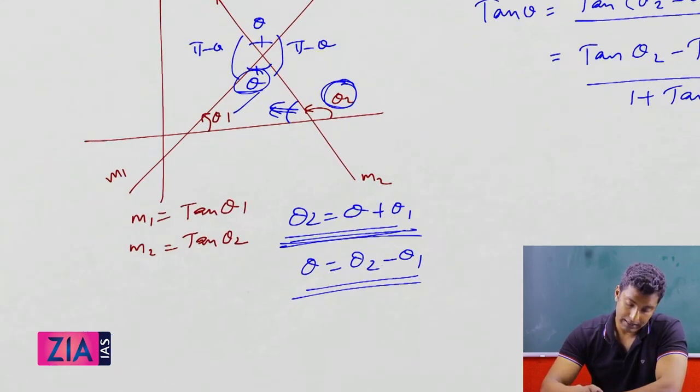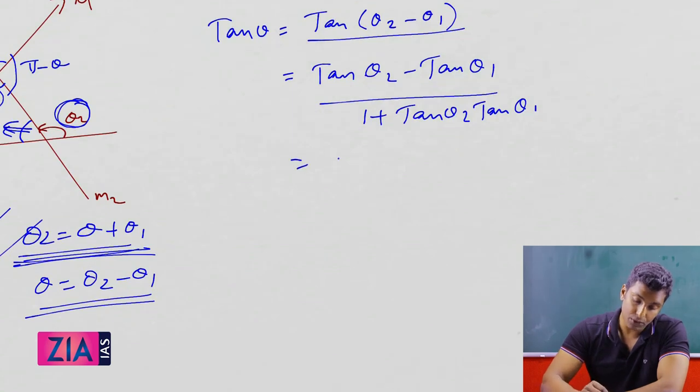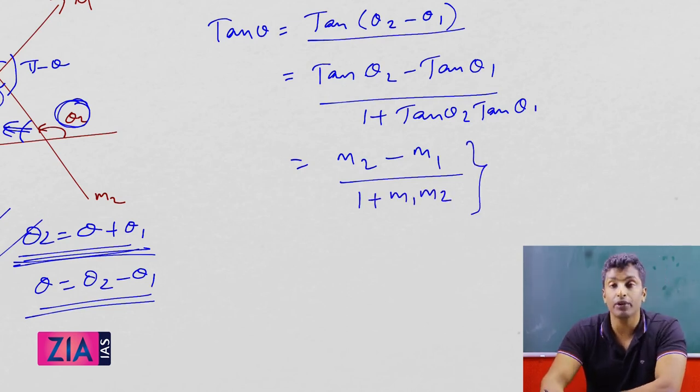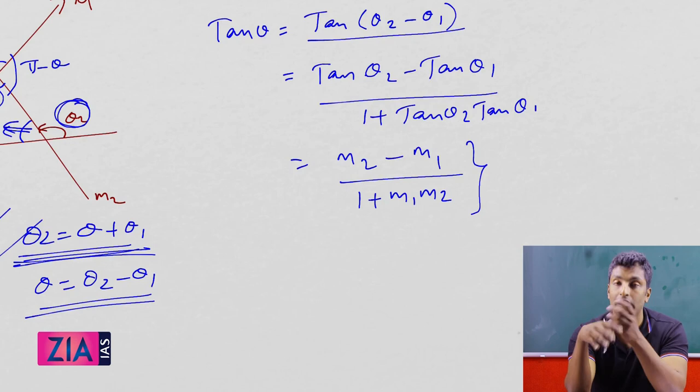We know what tan theta 2 and tan theta 1 are. Just substitute tan theta 2 as m2 and tan theta 1 as m1: m2 minus m1 divided by 1 plus m1 m2 will give you your tan theta. So this is your tan theta, and you can find theta by taking the inverse. Tan inverse of this will give you theta.